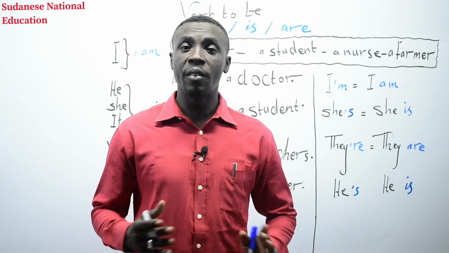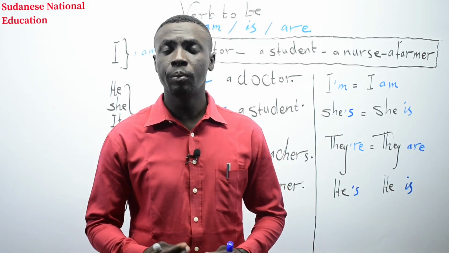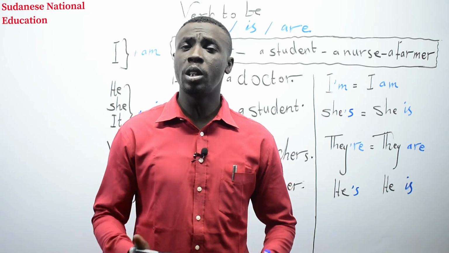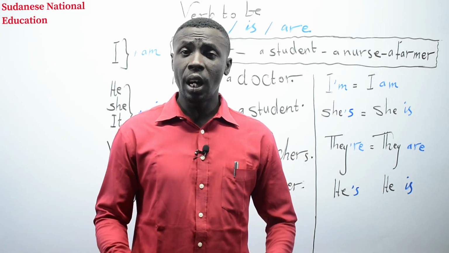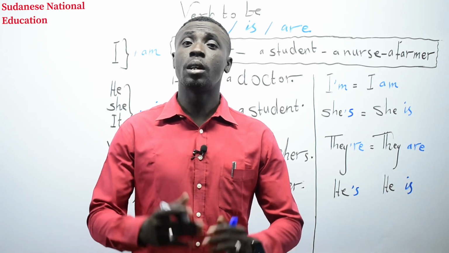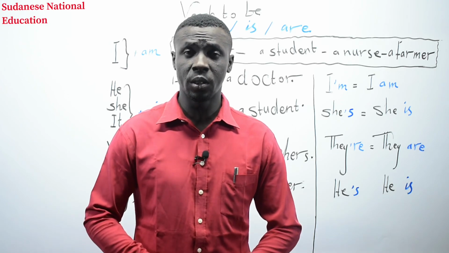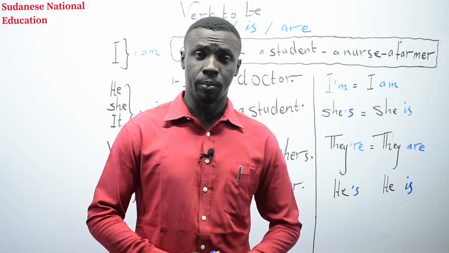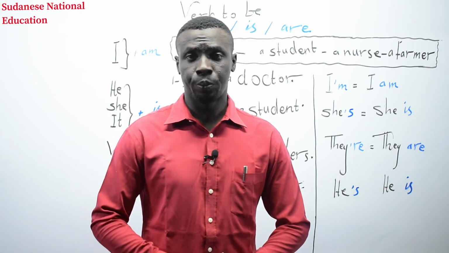When we say verb to be, we mean am, is, and are. But today we are going to see them as main verb, or full verb, in the sentences, using the jobs with singular nouns and plural nouns.